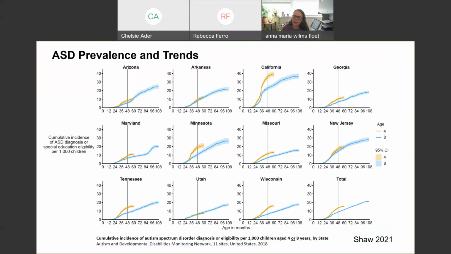And what we see here is that we are doing a better job over time with early identification. However, if you look at the blue line, we also know that not all children are going to be identified by even age 4, and that we see an ongoing increase, or it's not really an increase because this is cumulative incidence data, but we see that not all children are identified actually at age 4.